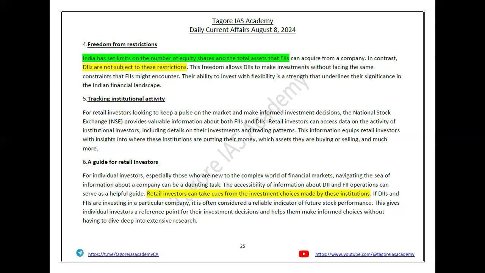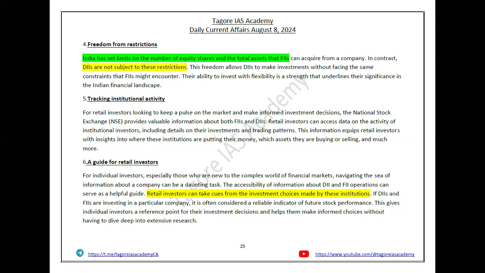Okay. Tracking institutional activity. The fifth and sixth points are roughly the same, right? An institutional investor is somebody we can expect to take an informed decision. I mean, he is somebody who would have analyzed it, it is his job.